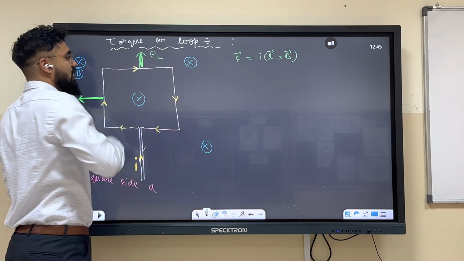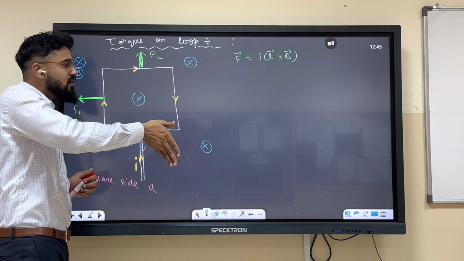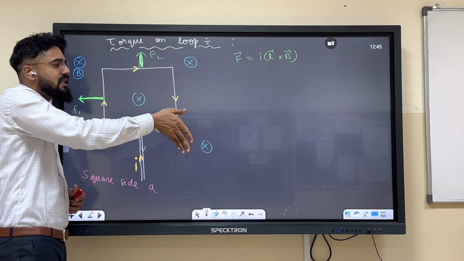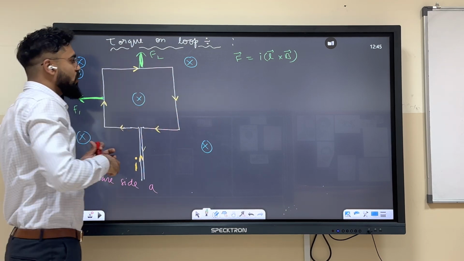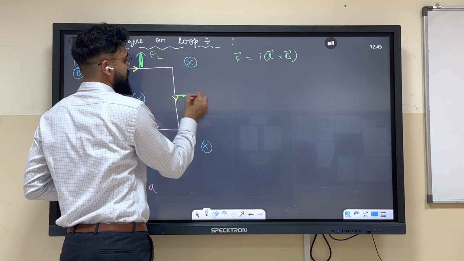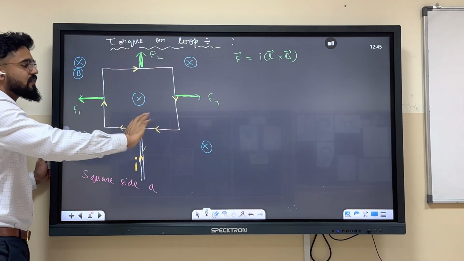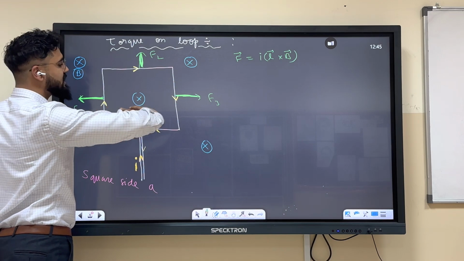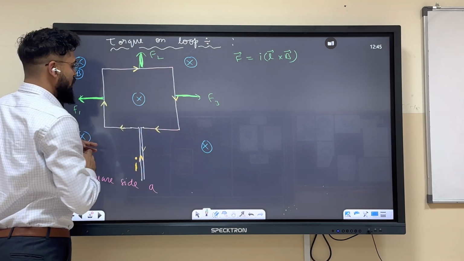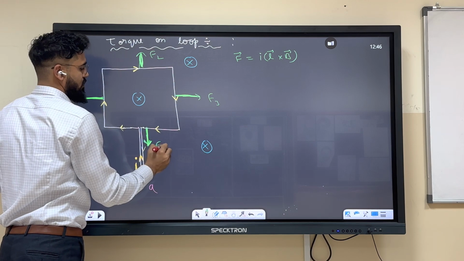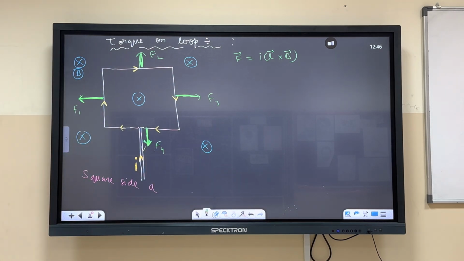Over here, I is in this direction, B inside the plane, so the force is in this direction. Over here too, I in this direction, B inside, so the force in this direction. Understood? Correct?